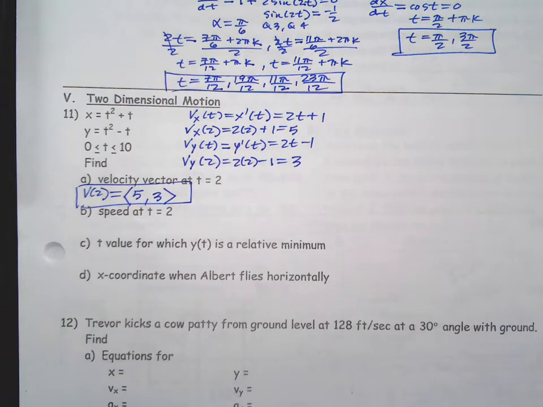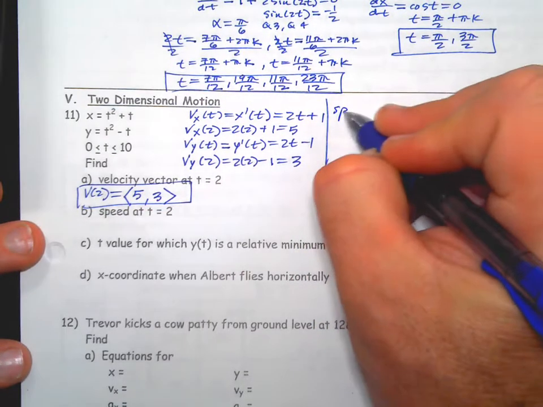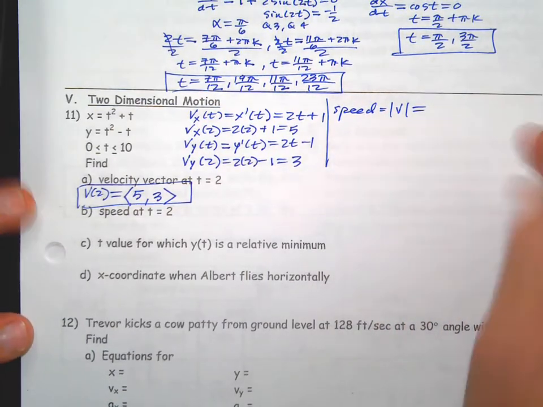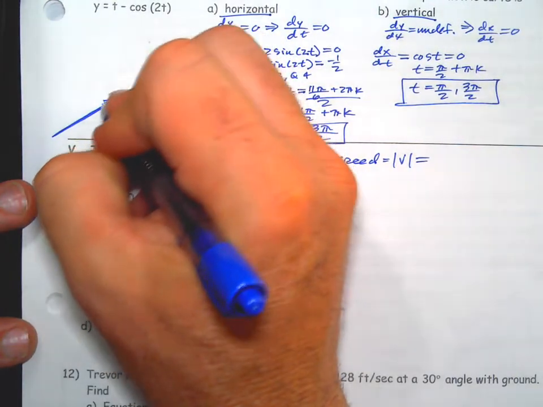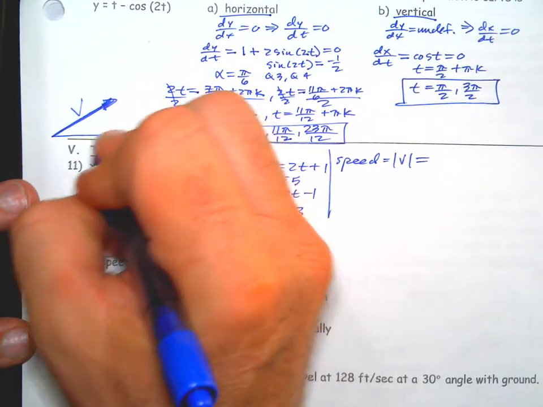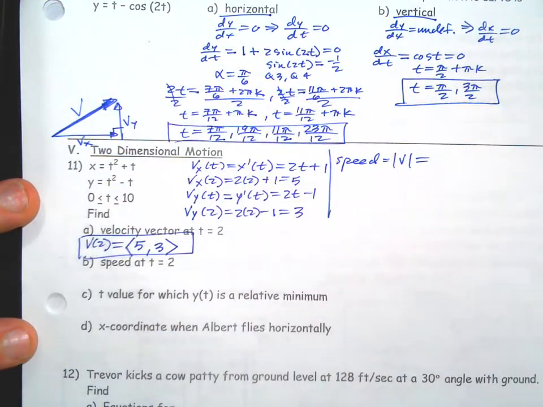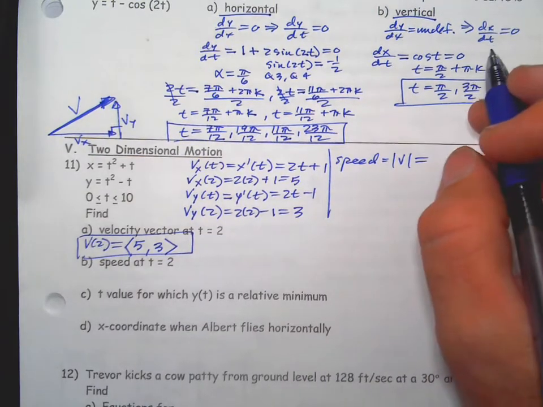Okay, speed. Speed is the absolute value of velocity. In these problems that we're doing now, velocity is like that, and we break it down into our x and y components. So we can use the Pythagorean theorem to find the length of the hypotenuse, the magnitude of it.